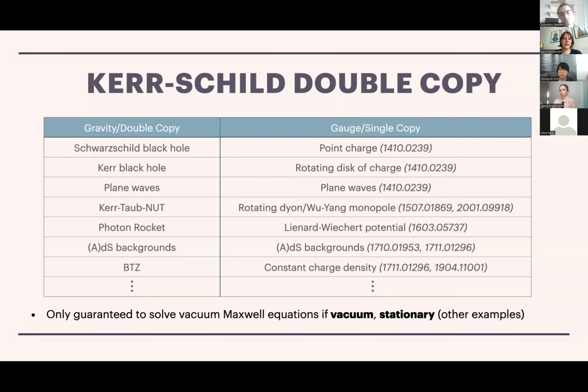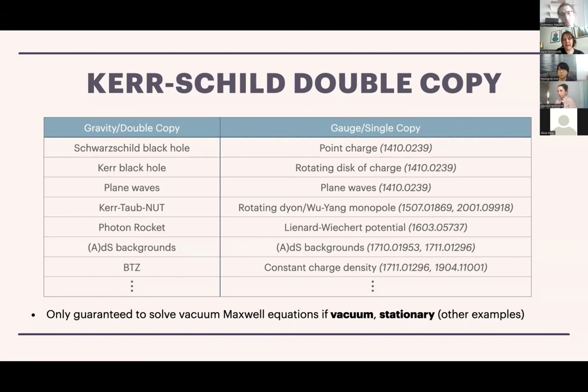People have also looked at these things in curved backgrounds, AdS backgrounds or dS backgrounds, and you get exactly what you expect. A Schwarzschild black hole in AdS maps to a point charge in AdS. So it makes sense.